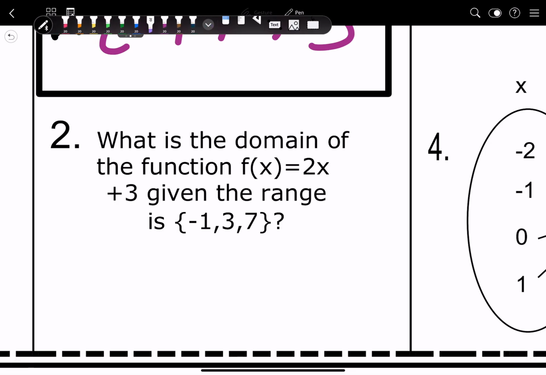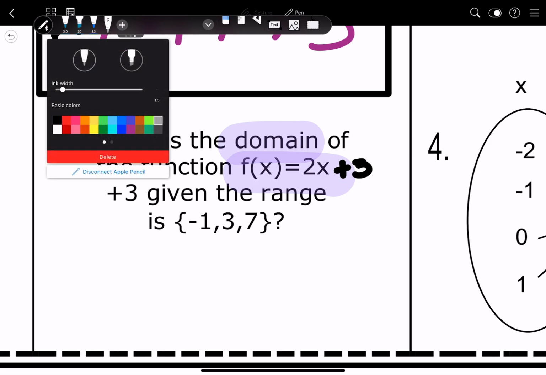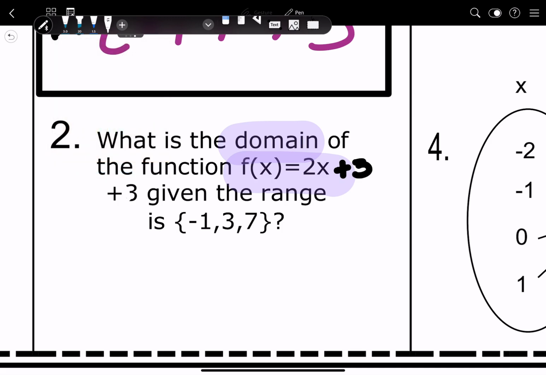So this one's asking you, what is the domain of the function f of x equals 2x plus 3, given that the range is -1, 3, 7? So pretty much what they've done for us is they've given us our y values and they want us to find our x.